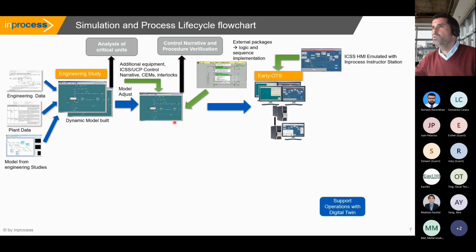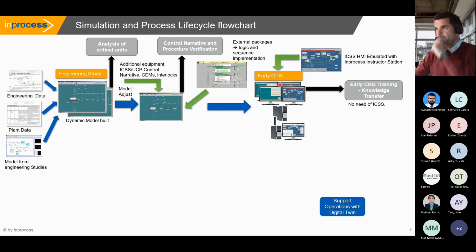And with the capability to have this model with the different external package logics, sequence implementation, and the main control narratives, what we are able to provide to customers is a first early OTS, an emulated solution where the users will have emulated graphics and emulated screens of their ICSS with a high fidelity model, with all the narratives, with all the external packages, logic, and sequence implementation, to start doing a first early CRO training and knowledge transfer without, which is really important at this point, the need to wait for the databases of the ICSS vendor.